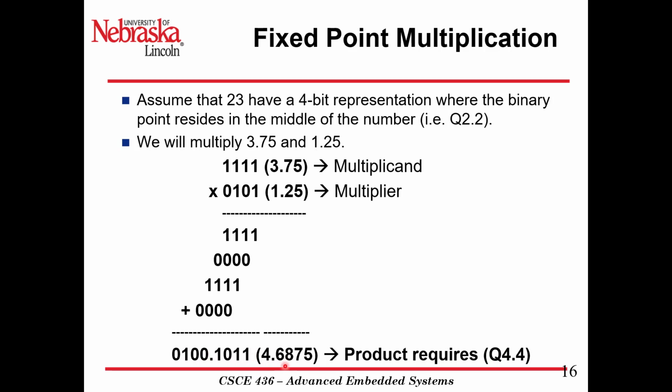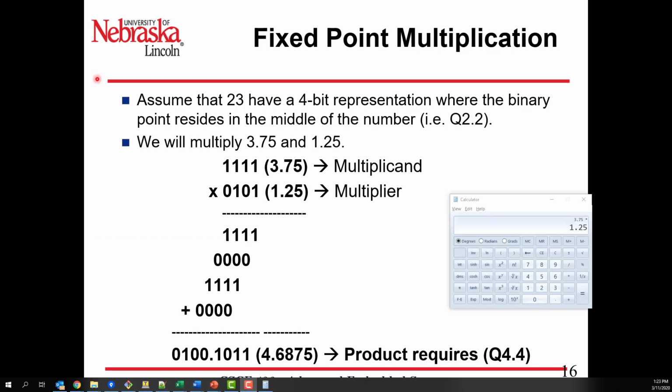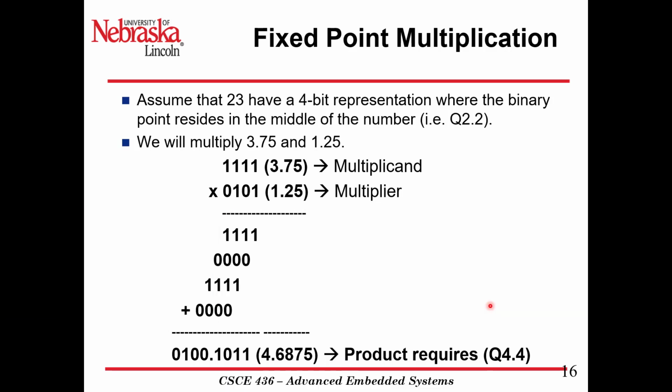Thus we get 4.6875. So we have 3.75, and we're multiplying that by 1.25. We're going to get that same number if we use a calculator, right?